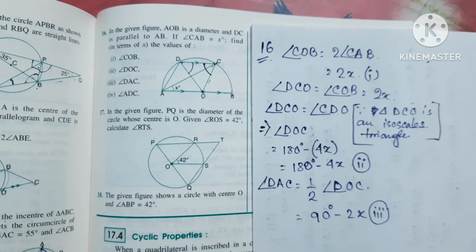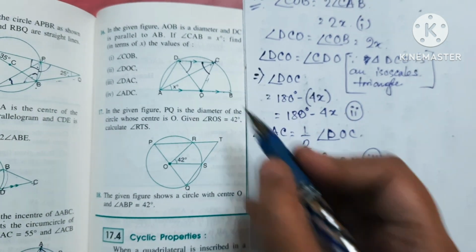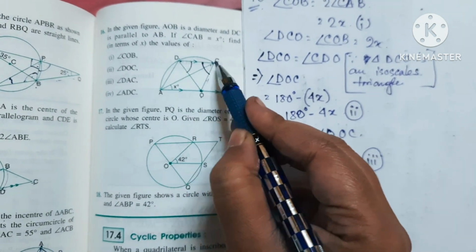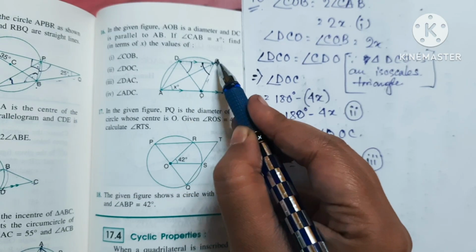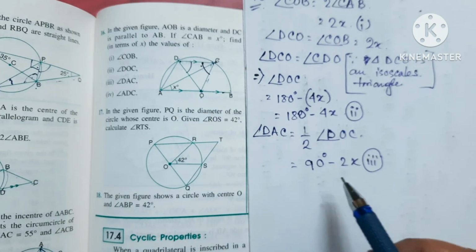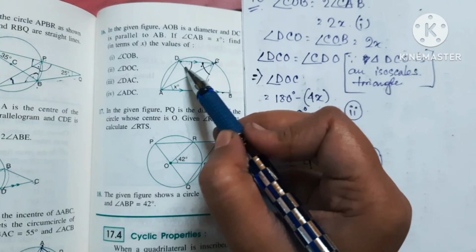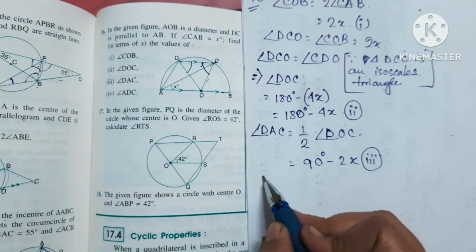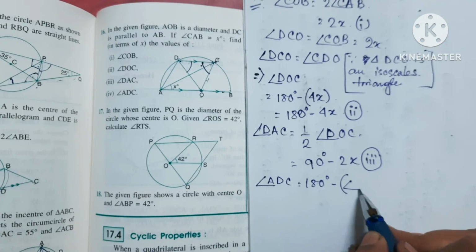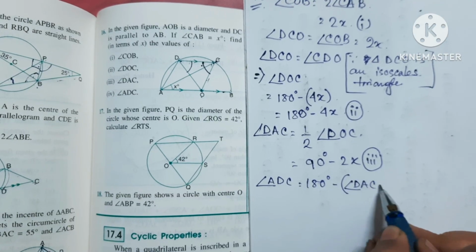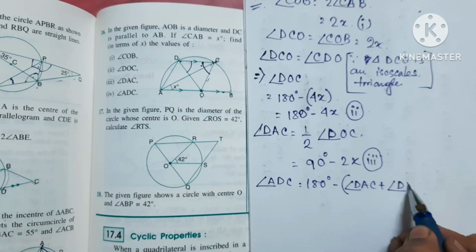Now ADC. See, since DC is parallel to AB, so DCA is equal to CAB, that is x. So this one is x. DCA, this is x. DAC, that is this one. So you will automatically get this ADC, right? So ADC is 180 degree minus angle DAC plus angle DCA.